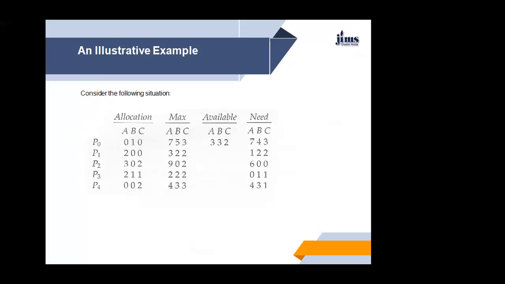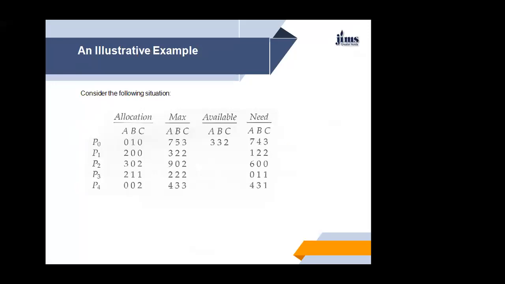For these processes, the maximum is also given: 7 5 3, 3 2 2, 9 0 2, 2 2 2, and so on, and the available resources are 3 3 2. To complete the picture, the need matrix is defined as max minus allocation.